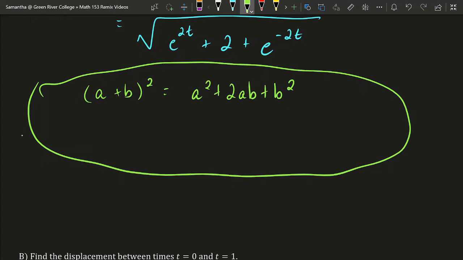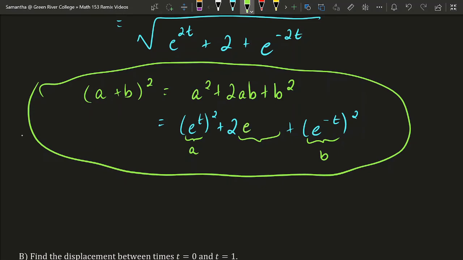Now what I have looks rather similar to that. Three terms added together. The first term is equivalent to e to the t squared. The last term is equivalent to e to the minus t squared. And the middle term at least has a 2 in it. But if I think of e to the t as a and e to the negative t as b, something interesting becomes apparent about this slot right here next to the 2.